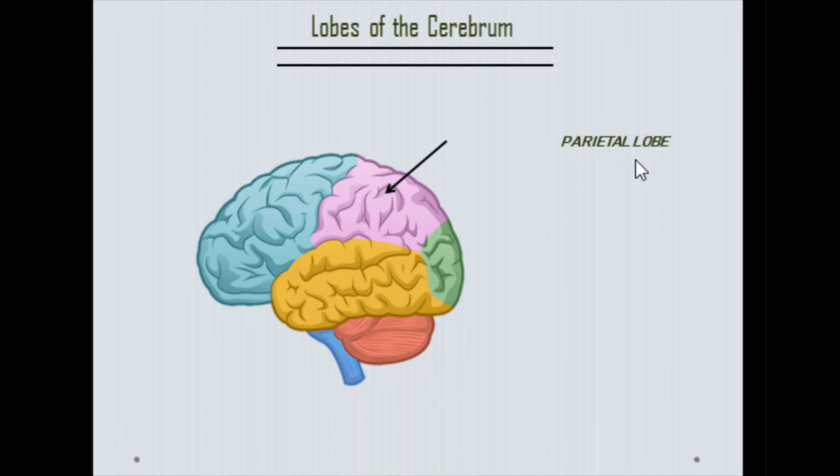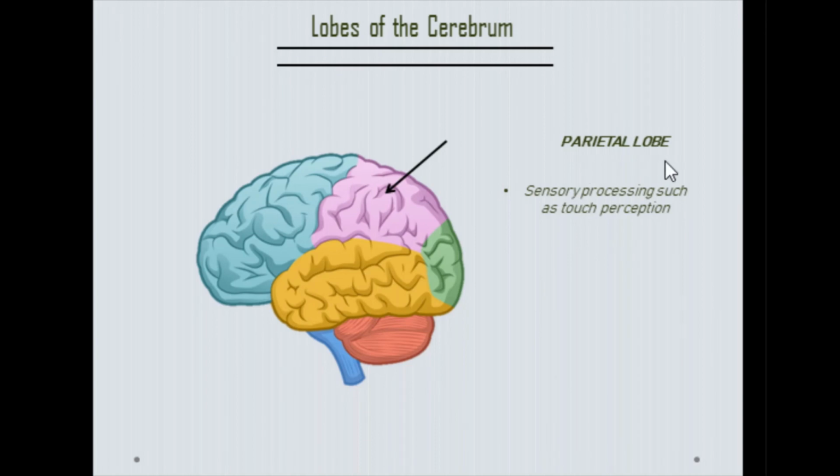Alright, this parietal lobe functions to sensory processing such as touch perception. You can feel, you can know what and who touched you because of the parietal lobe.